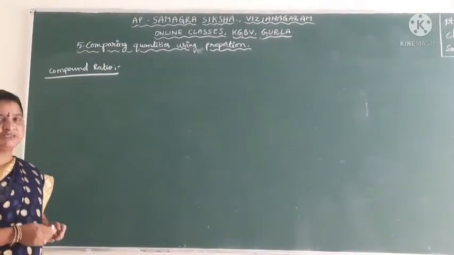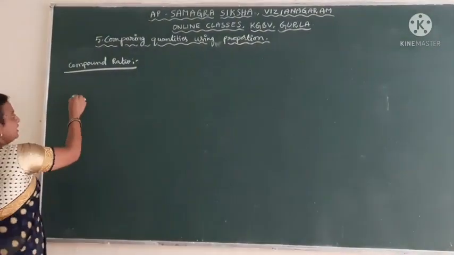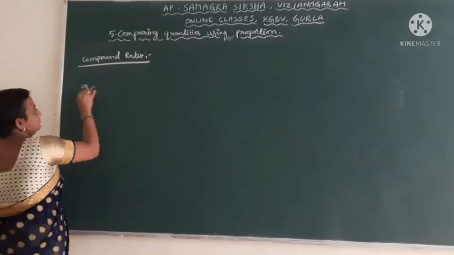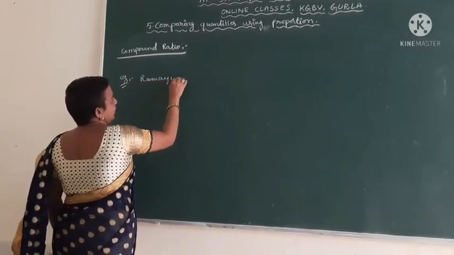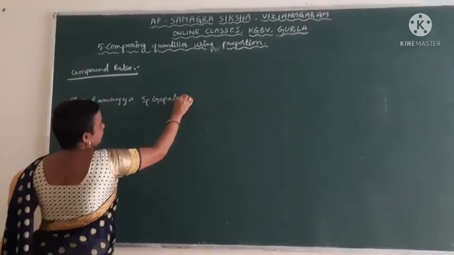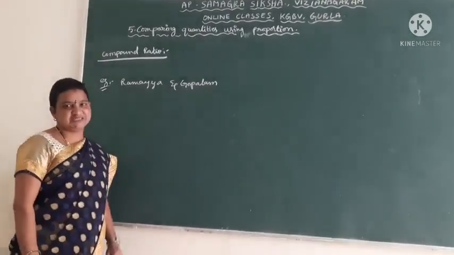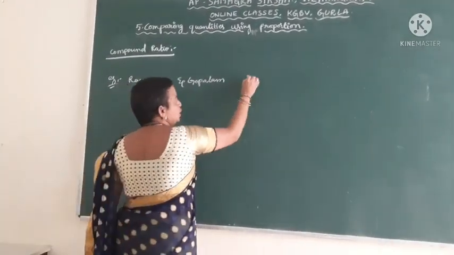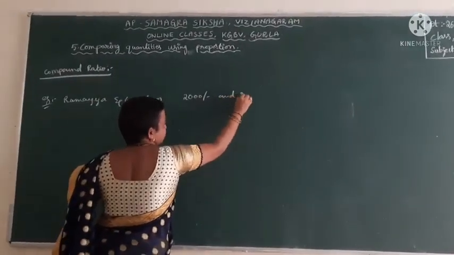How can we write it? Suppose, as an example, Ramaya and Gopal are two friends. They started a business with investments of 2,000 and 3,000.